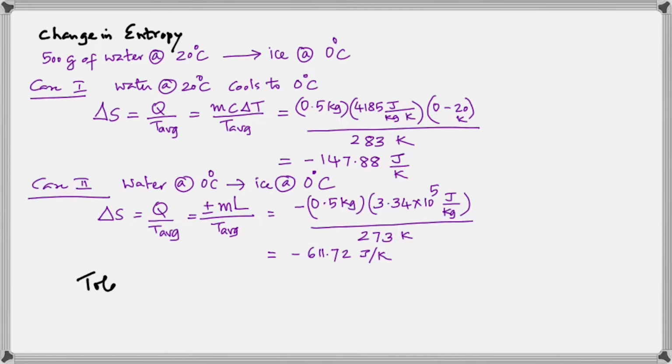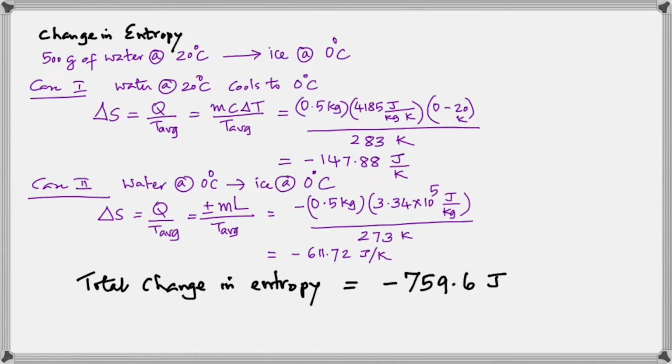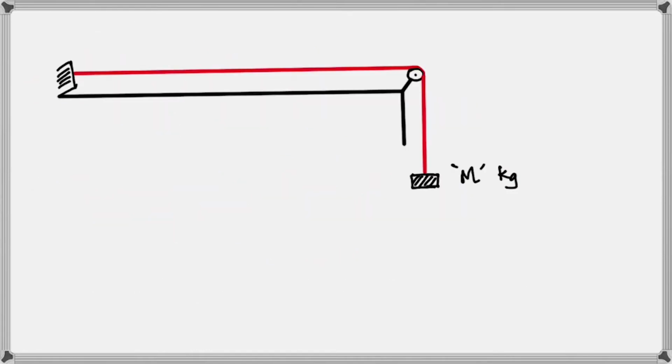So the total change, what did you get? Negative 759.6 joule per Kelvin.